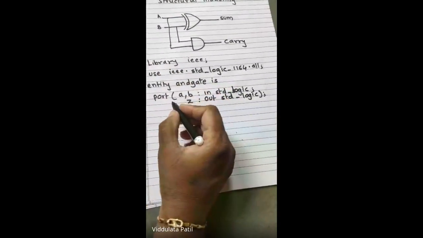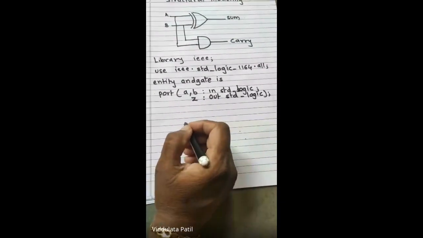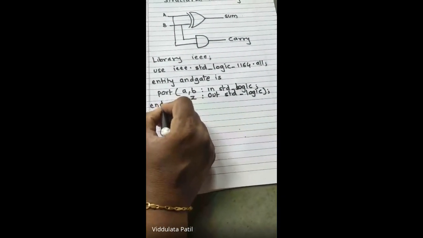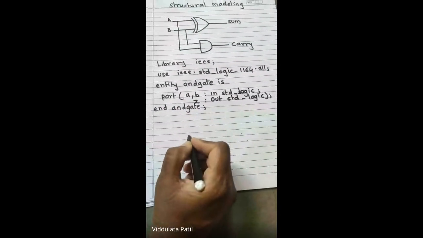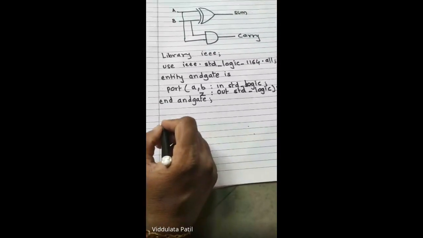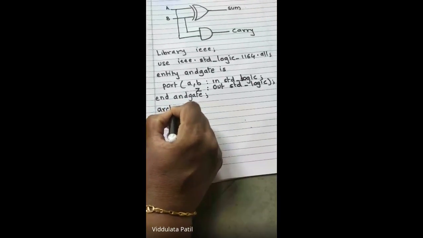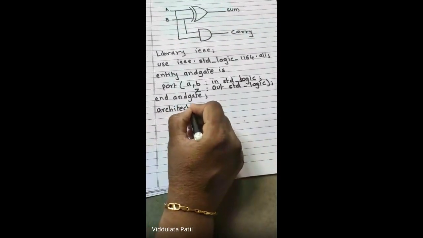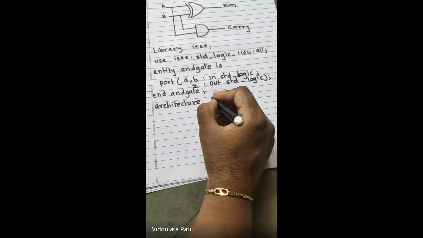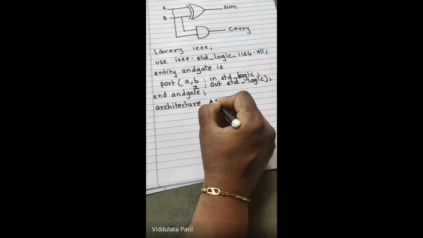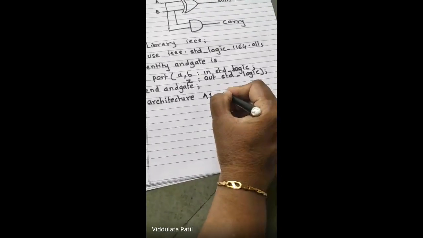Okay, so I have given A and B as the input ports as well as Z as the output port. Then end of this entity, so end AND gate. Then after that we need to write the architecture for this. So architecture, let us say the name for this architecture is A1, of AND gate is. You can give any name.